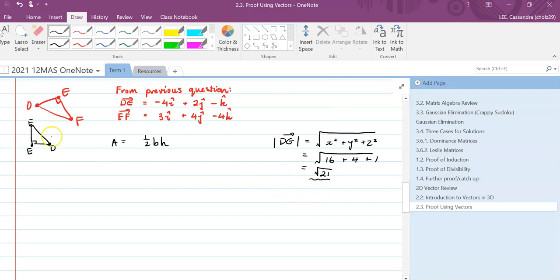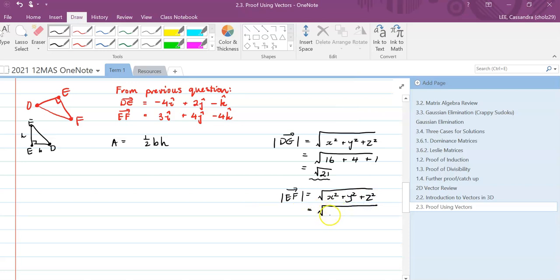All right, same thing. So we need to find our height now. So this is going to be our height here. Let's write this in actually. So this is our base, and this vector EF is going to be our height. And again, we need to find the magnitude of that line. So the magnitude of the vector EF is going to be equal to the square root of my x component squared plus my y component squared plus my z component squared.